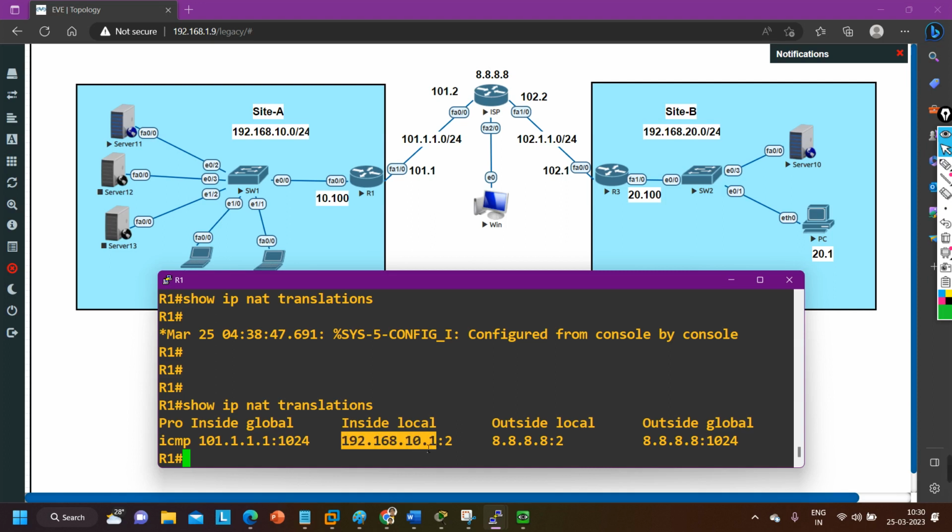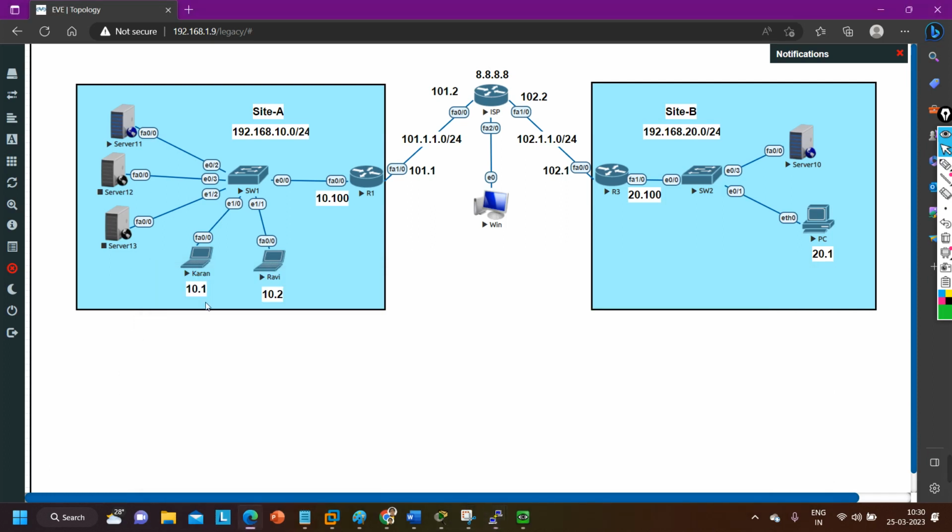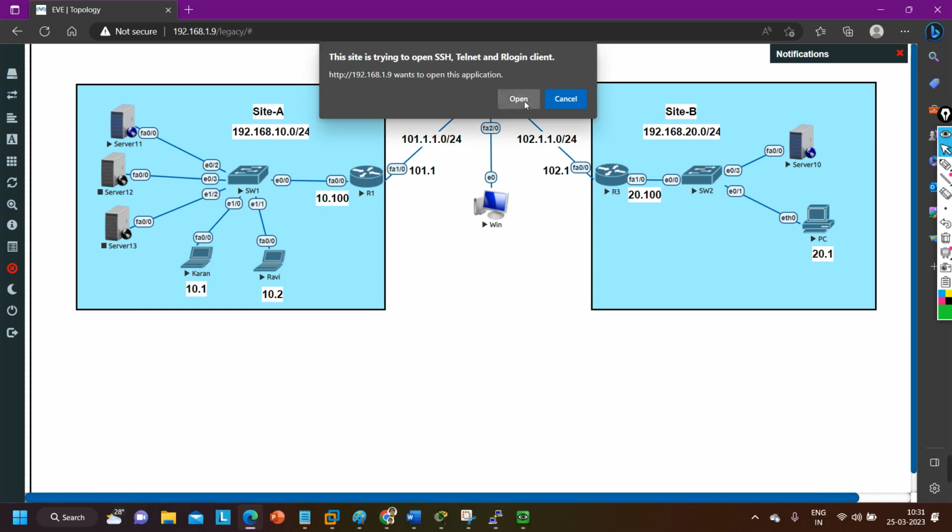So this IP address of Karan is translated into this inside global IP address. Let me ping from Ruby computer as well. So here is the Ruby computer.